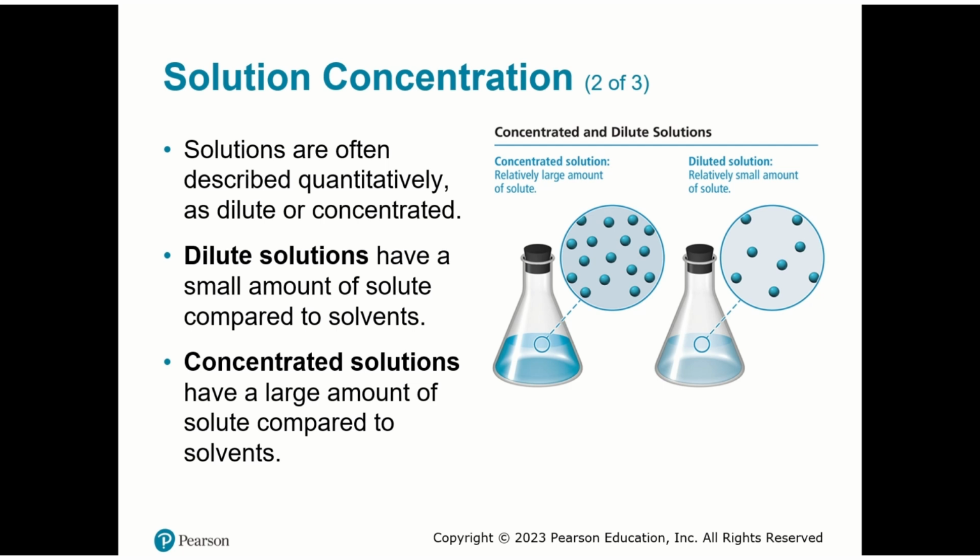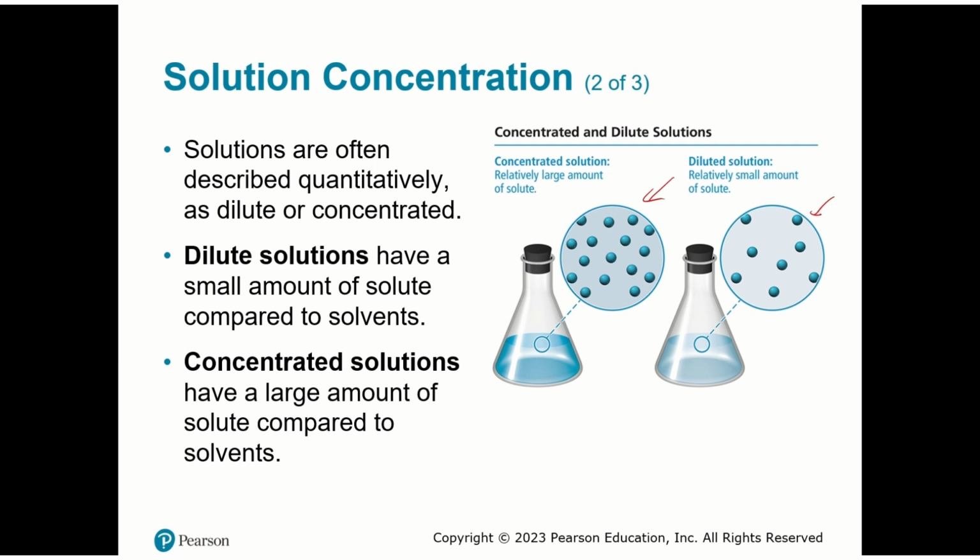So solutions can be described as dilute or concentrated. A dilute solution has only a small amount of solute compared to the solvent. A concentrated solution has a large amount, and you can see in this drawing over here that the particles are close to each other compared to those over here.